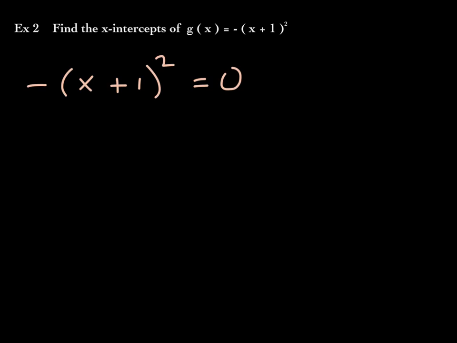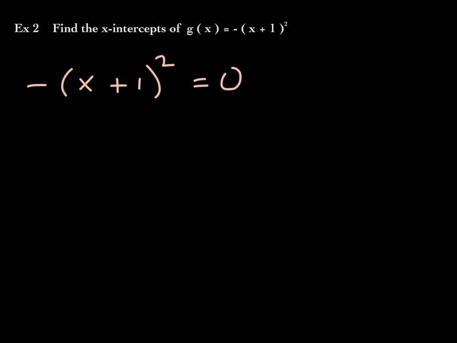Now keep in mind there's many different ways to solve this quadratic equation set equal to 0. This here is a negative 1. I know you don't see the 1, but this is really like a negative 1 as a coefficient. So what I'm going to do is divide both sides by negative 1.